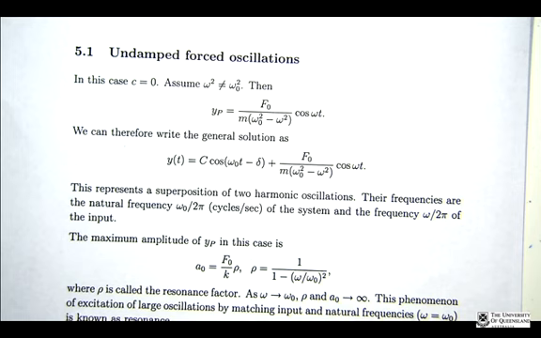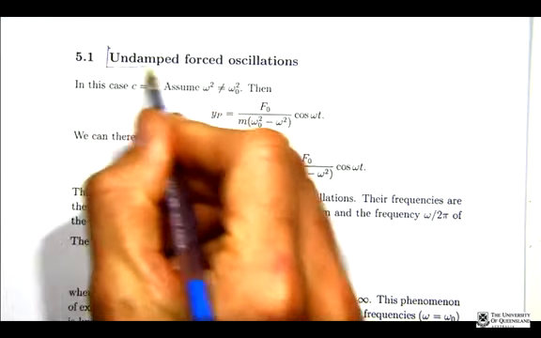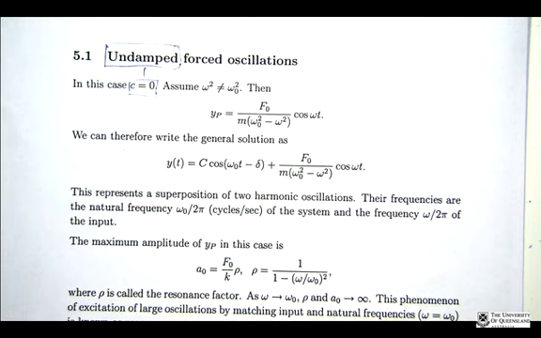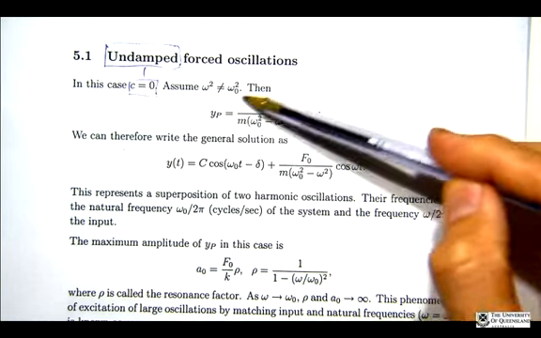All right, so now without damping, so the undamped case, so that's the case that corresponds to C equals 0. Just for the moment, what we'll do is assume that the driving frequency omega is not equal to the natural frequency of the system, omega naught.